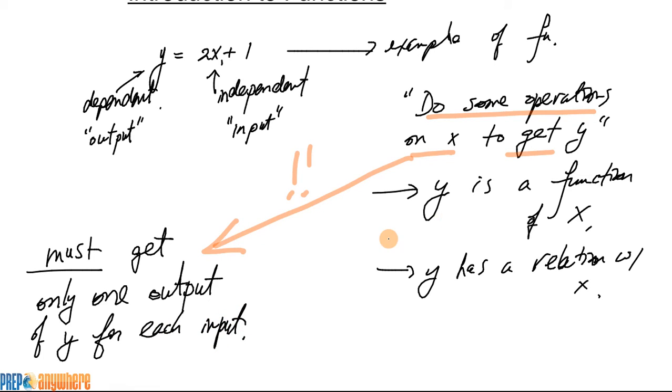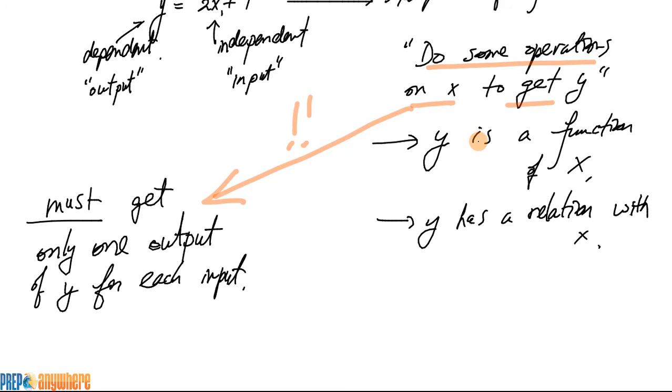So this is the definition of a function. You have an x, which we treat as an input. You do whatever you want to it, meaning a mathematical operation, but whatever it is that we do, we must get only one output. If that's the case, we say that's a function.